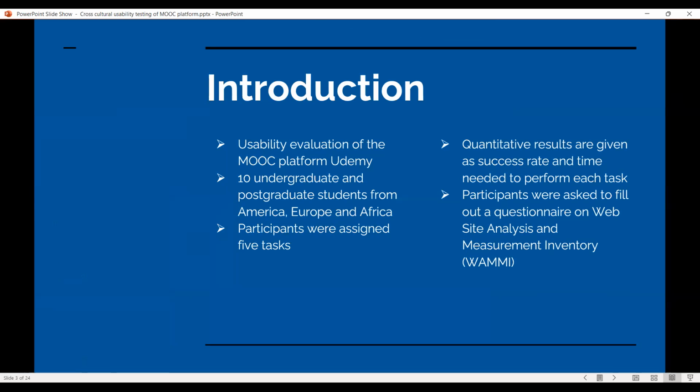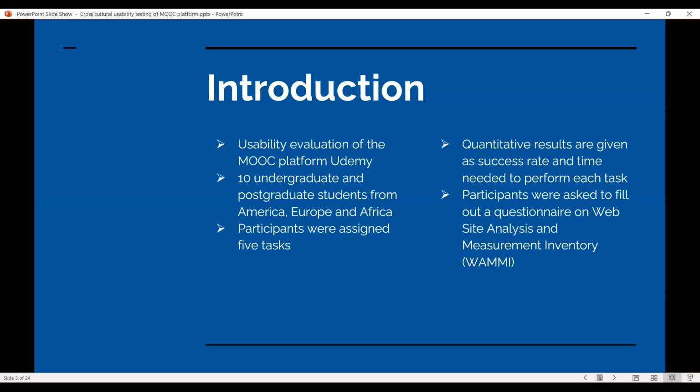So this study aims to perform usability evaluation of the Udemy website with 10 undergraduate and postgraduate students from different cultures coming from different continents. And the most important thing there is that they are coming from different cultures.